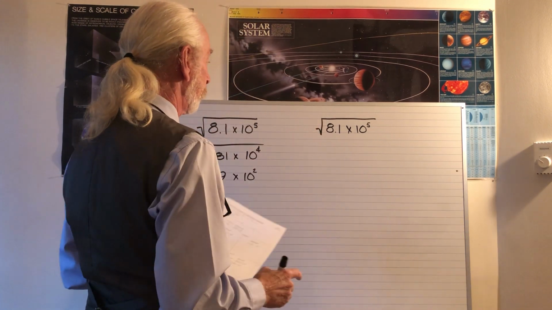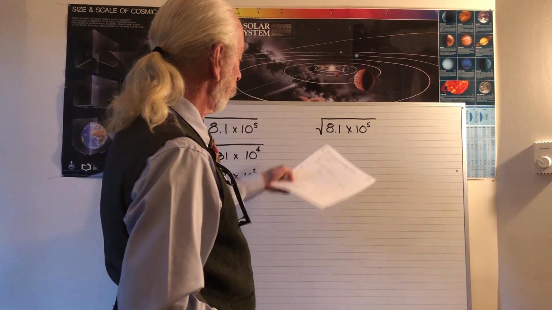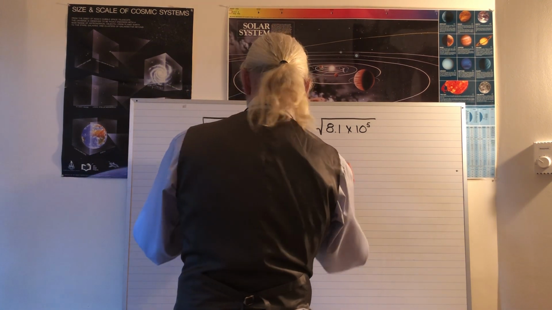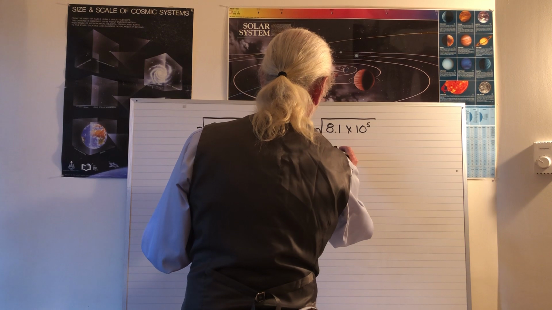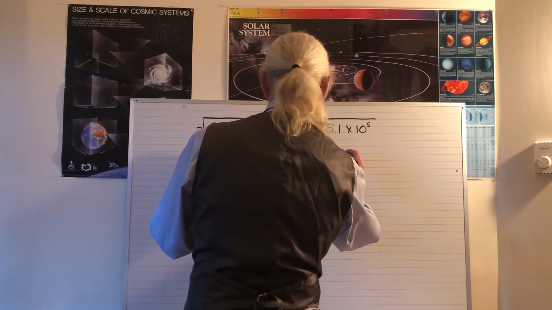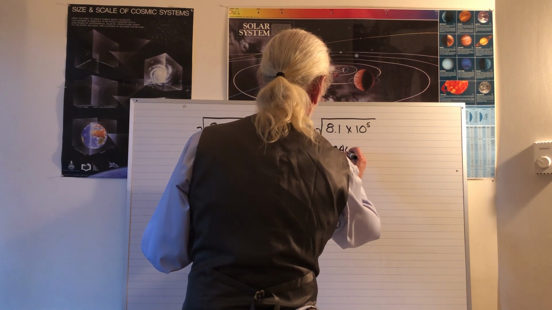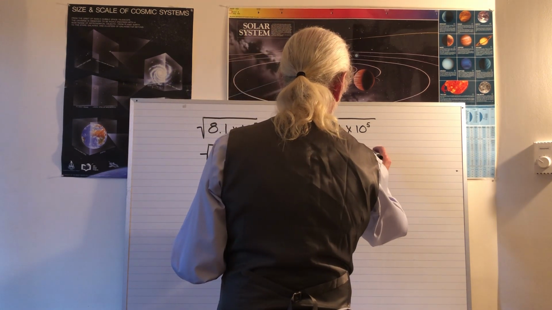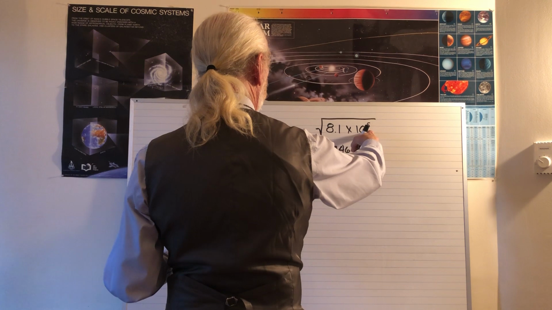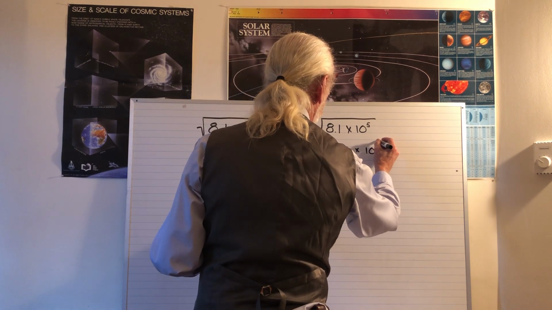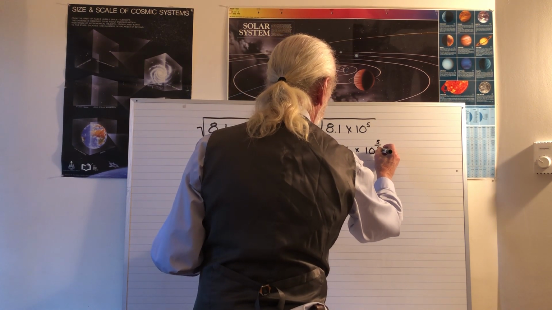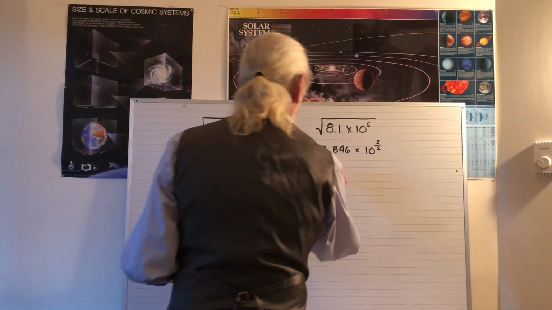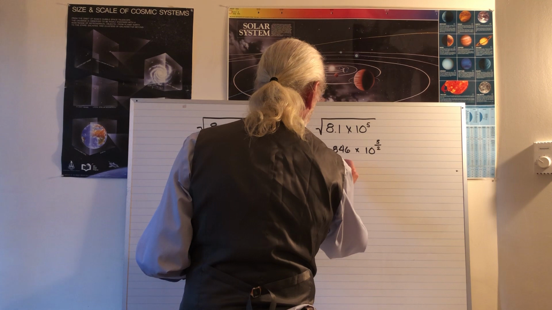I'm going to leave it just like that. So the first thing I'll do is I'll do the square root of 8.1, and that should get me 2.846. Now I've got this problem here. What do I do with the exponent? Well, I still divide it by 2. That's another way of saying this.